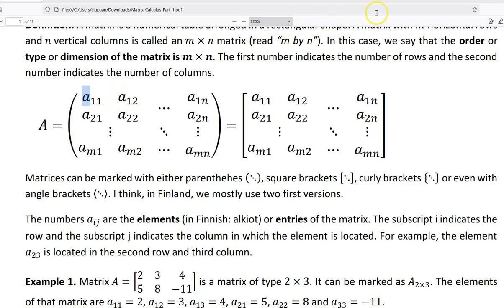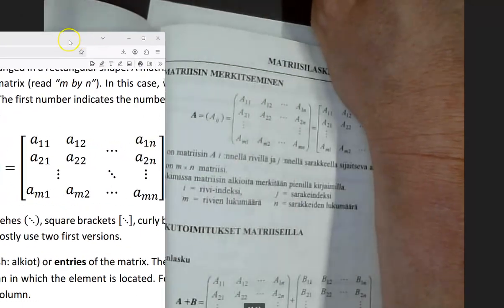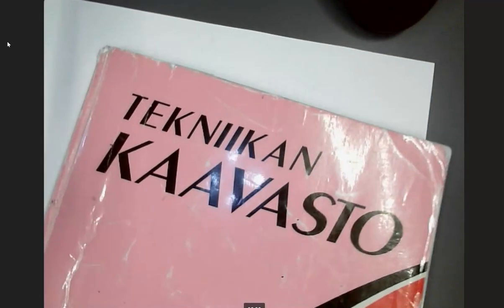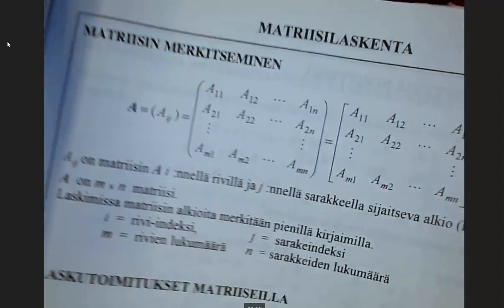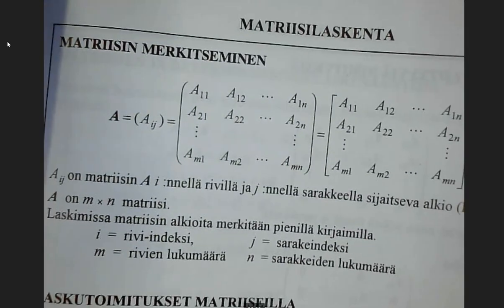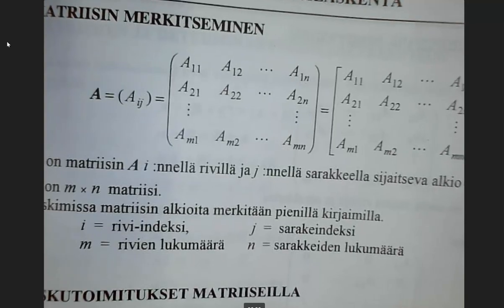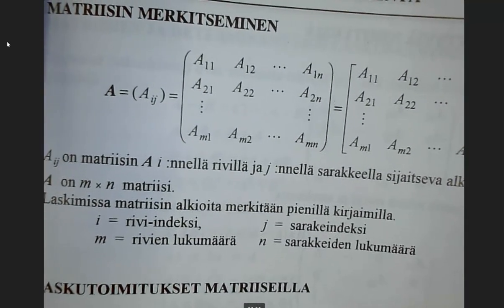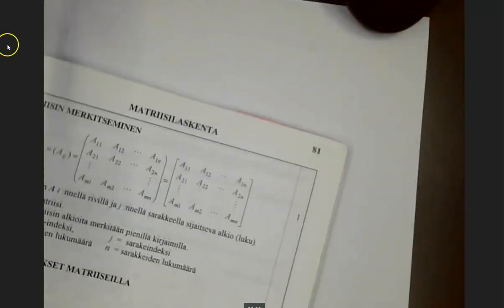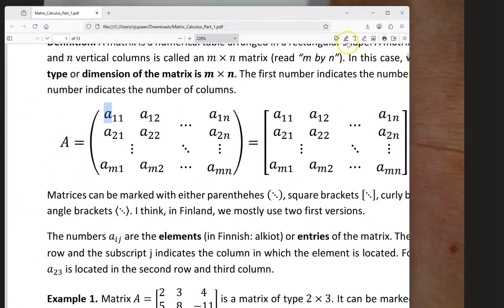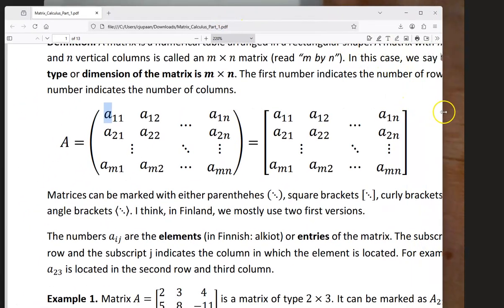But there are exceptions. For example, I can show that I have here the Finnish formula book, Tekniikan kaavasto, and here you can see that they have used the same uppercase letter inside of those matrices, big A there. But it is not so important. You may choose what you like.